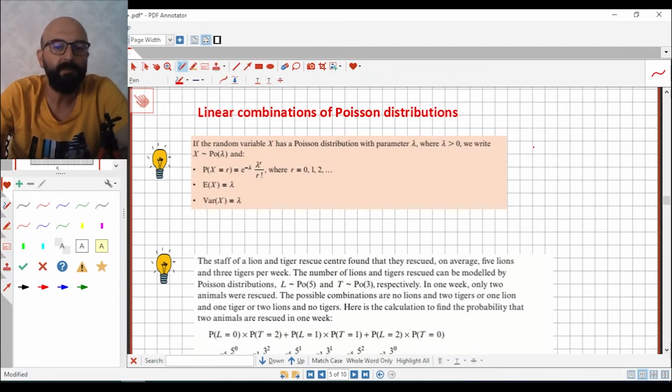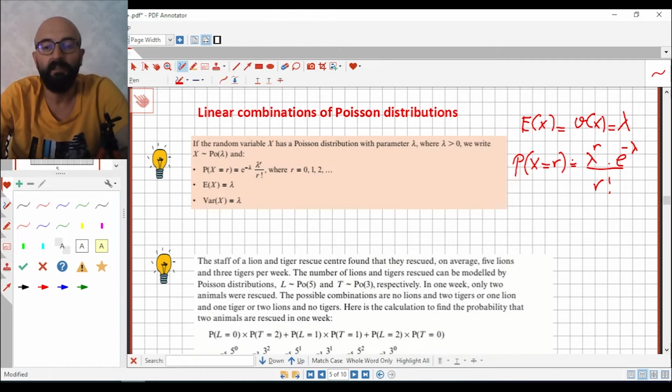In the Poisson distribution, the expected value and the variance are the same value, called lambda. The probability of X equals r is lambda to the r multiplied by e to the minus lambda, over r factorial. We used this formula in the Poisson distribution subject.